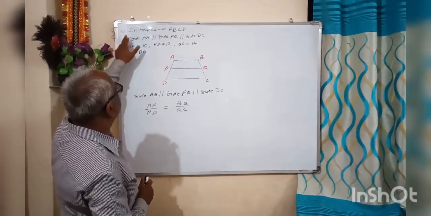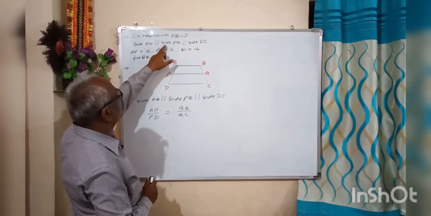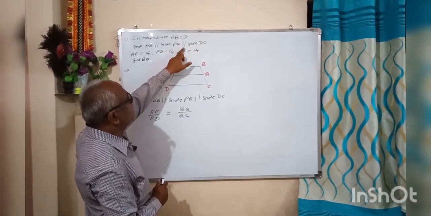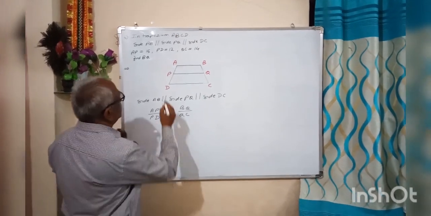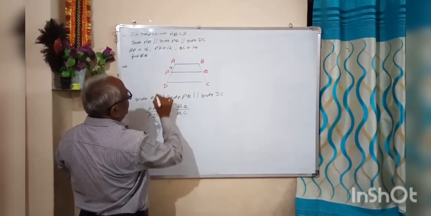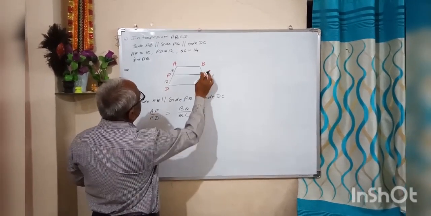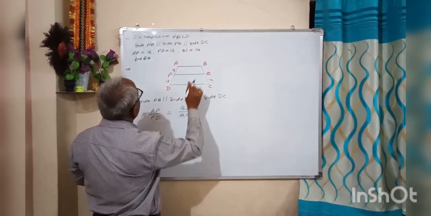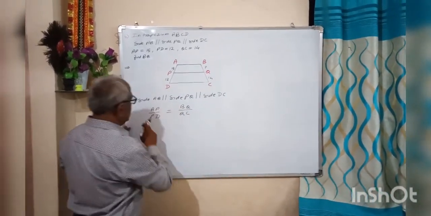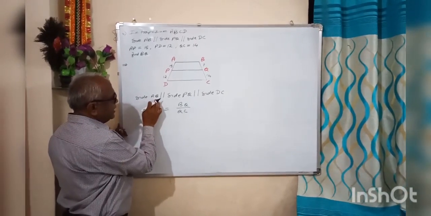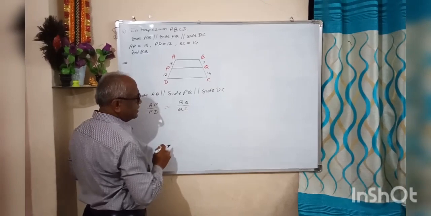Now, fifth example. In the trapezium ABCD, side AB is parallel to side PQ, which is parallel to side DC. AP is 15, PD is 12, QC is 14, and BQ we are going to find. Here the given side AB is parallel to side PQ is parallel to side DC.